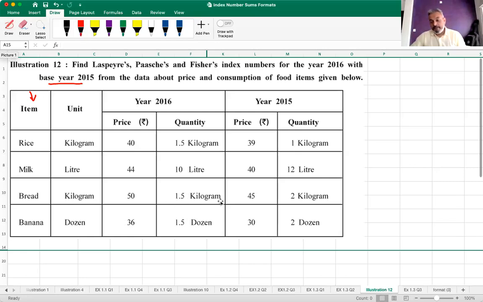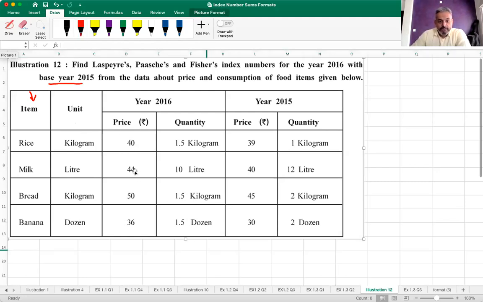All of you, please pay attention. Now, this price over here, you can see price is 40, price is 44, price is 50, price is 36. So this is 40 per kg, 44 per liter, 50 per kg, and 36 for a dozen.